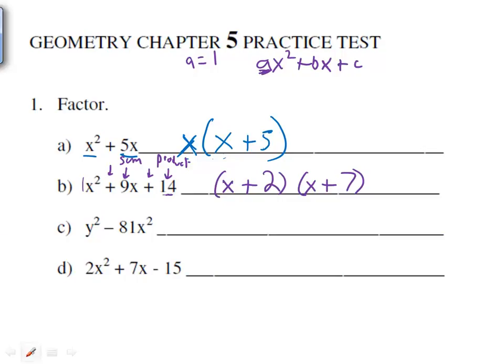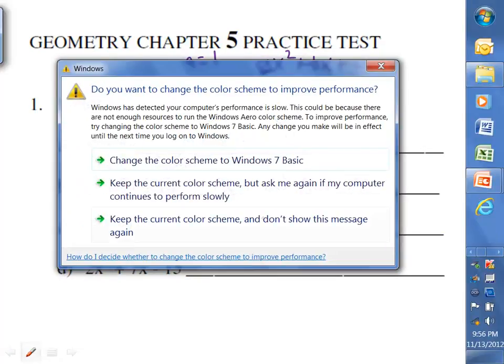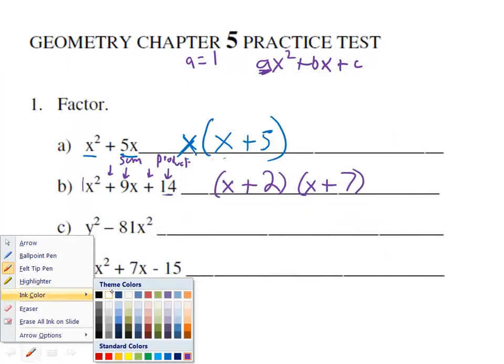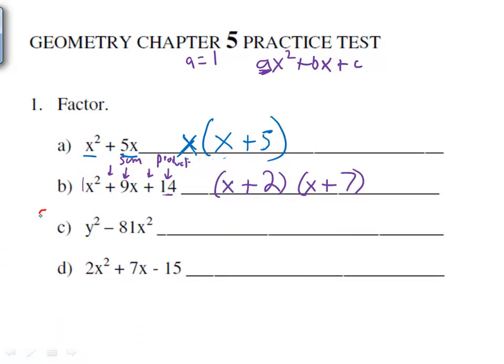Alright, then we must recognize this next one, C, as a difference of squares. And you see where that title comes from: there are two terms, and they have subtraction as their operation, and the two terms are both perfect square values, and then the difference, that's what you call subtraction, difference.